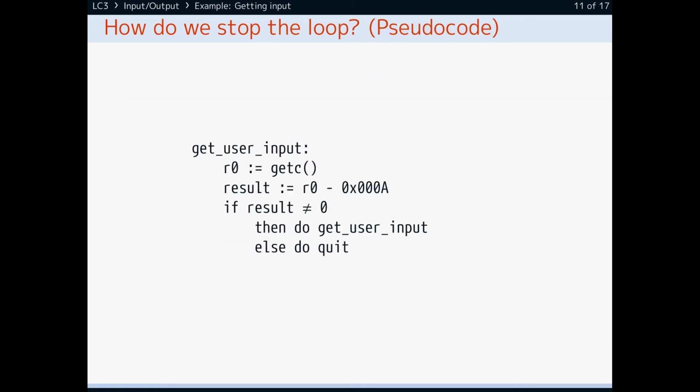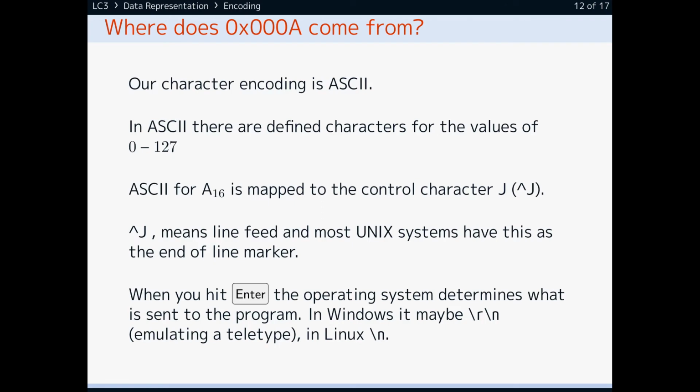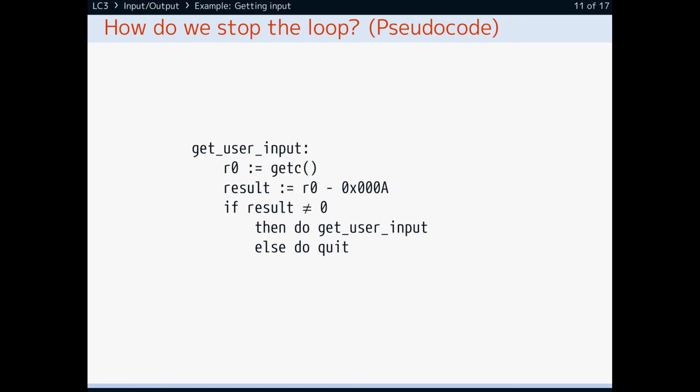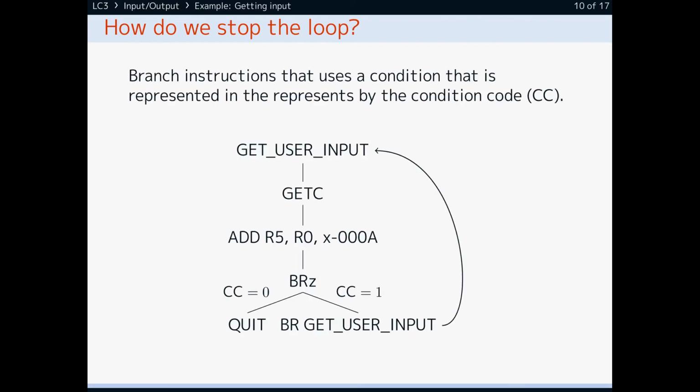So we can use the fact that we have this, which says, okay, well, I'm not sure which of these slides would be better to look at, so we're just going to go on to the next one, which explains why they both use 000A, or just 10 decimal.